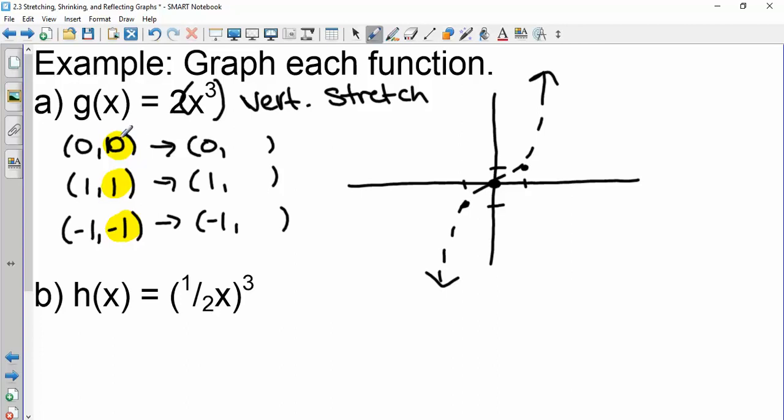So if we take our y's times 2, 0 times 2 is still 0. 1 times 2 is 2. -1 times 2 is -2. So 0, 0 stays, then I have 1, positive 2, -1, -2.